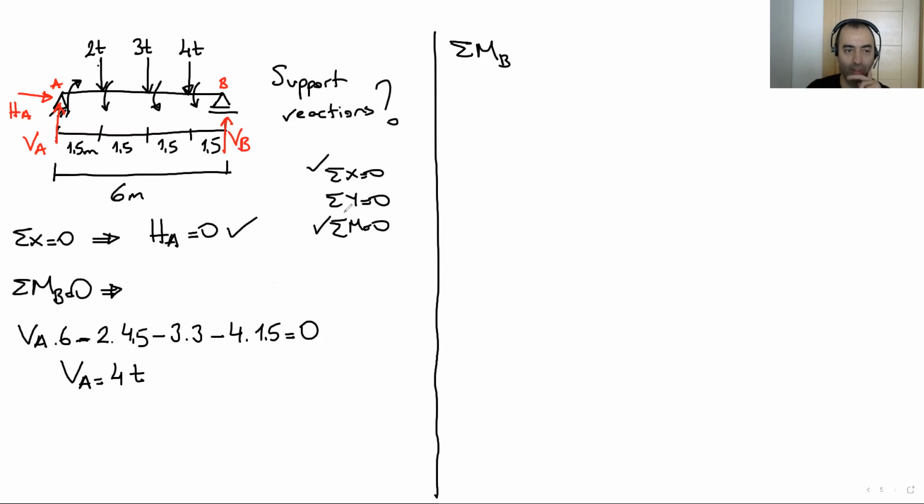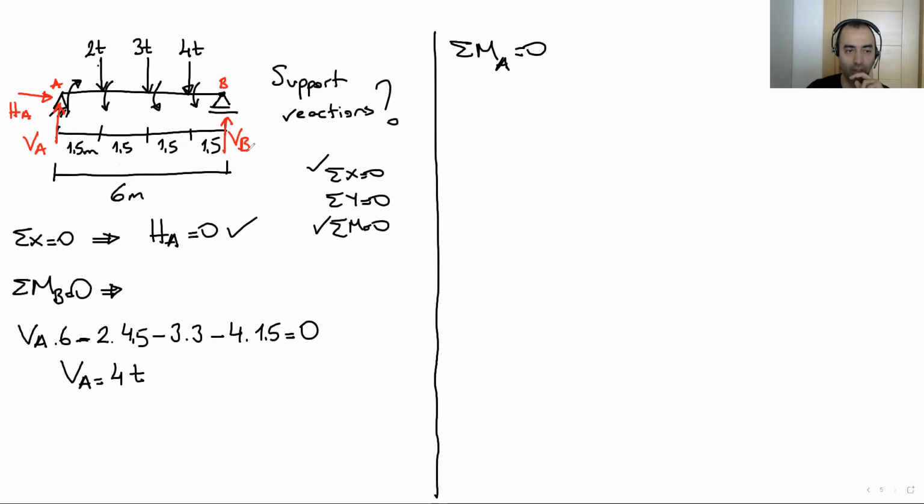But what I suggest here is, I use total MB equals 0. I take the moments according to point B and calculate vertical A. And in the next stage, I'd like to do total MA equals 0, and then calculate vertical B. At the end, to check my calculation, I'm going to use total Y equals 0.